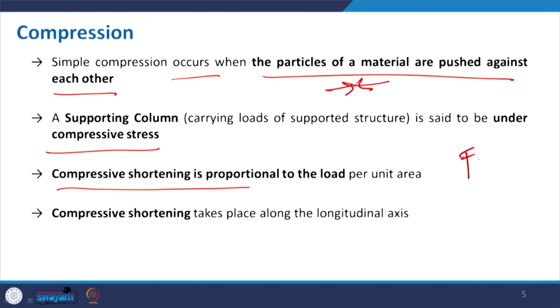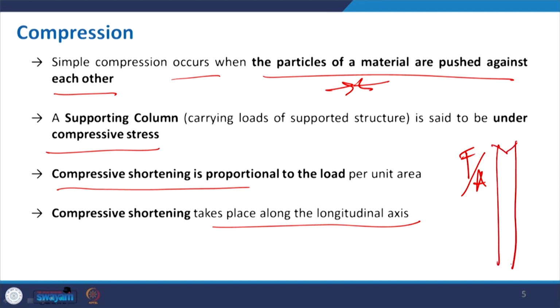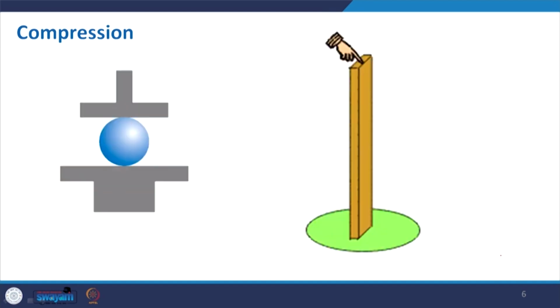We know that stress is P by A, so definitely the cross section will play a role. Compressive shortening takes place along the longitudinal axis, and most commonly the load is applied through the center of the member.